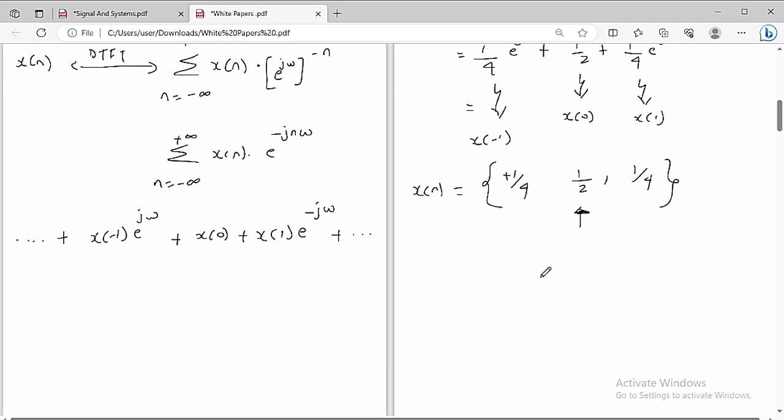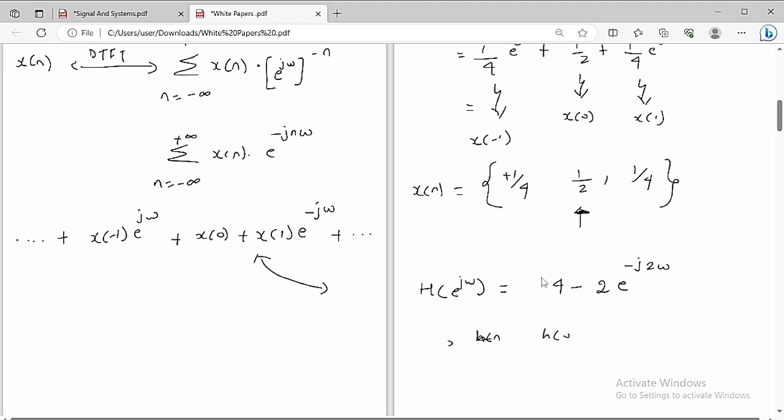So what have they given? H of e to the power of j omega, which is nothing but 4 minus 2 into e to the power of minus j 2 omega. By comparing these two equations, the inverse discrete time Fourier transform will be h of n.